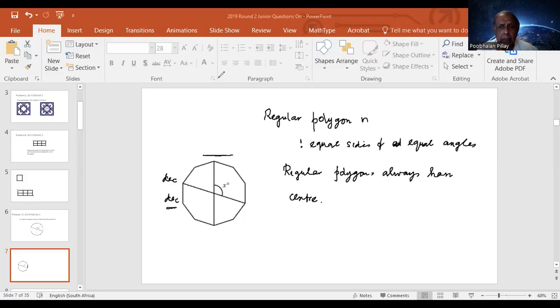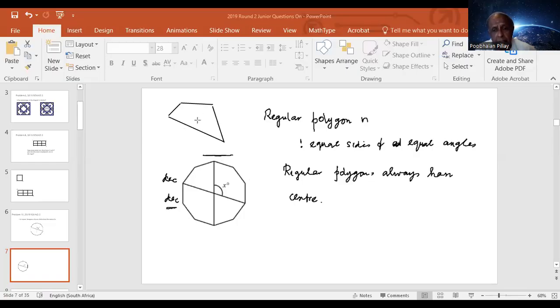Like if you take, for instance, a quadrilateral, it's not clear that this thing has got a center, right? But by center, I mean that there is a circle that can actually be drawn through all the vertices. Now here, the circle need not be able to be drawn through all the 4 vertices.